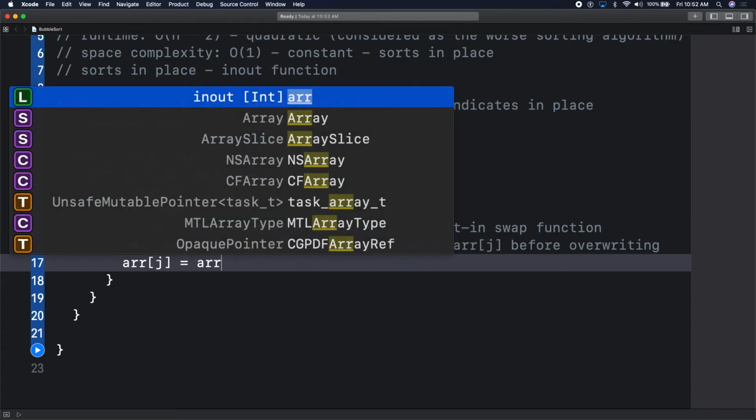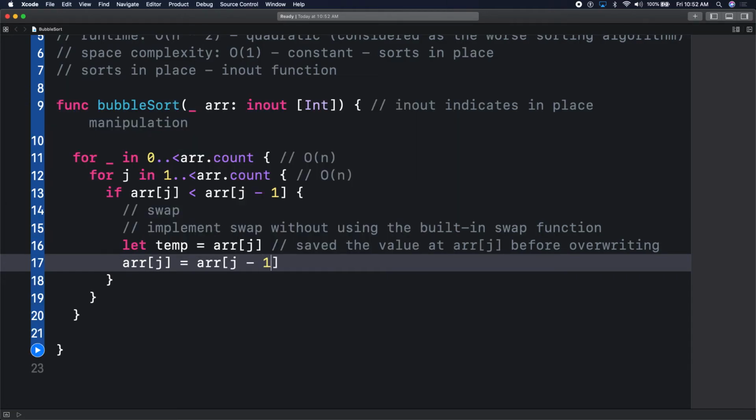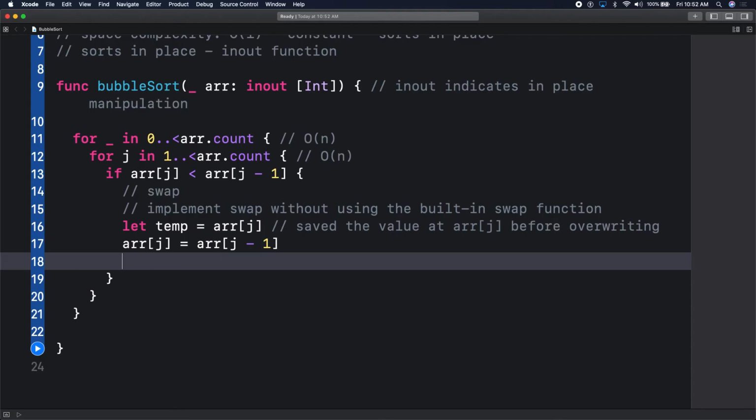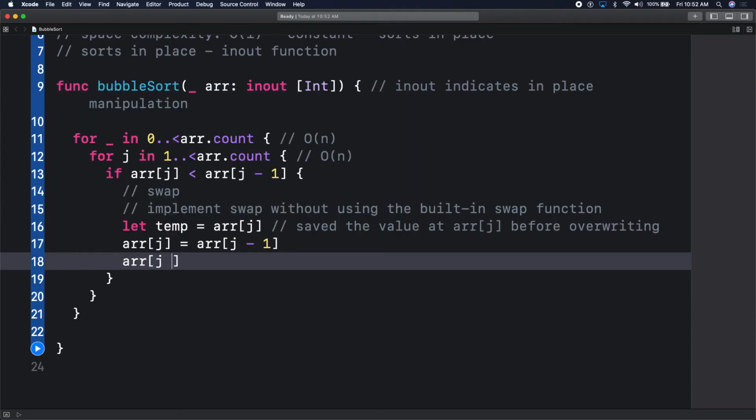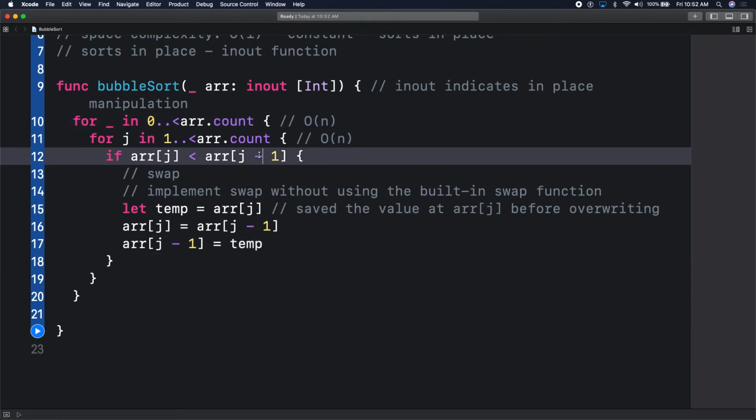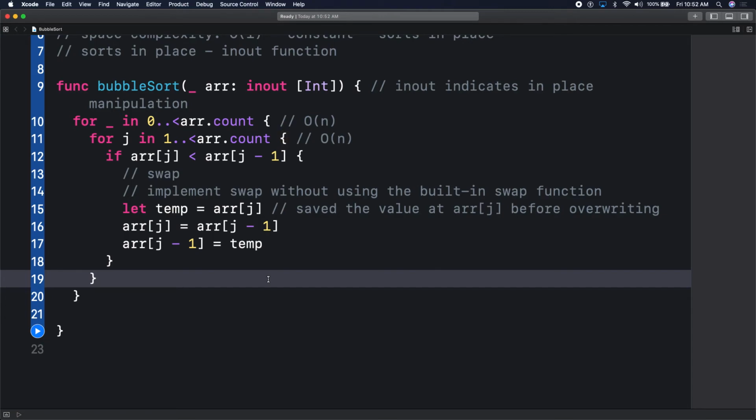Now we could override it with j minus 1. And lastly, we need to say position at j minus 1, what does this equal to? Temp. Very good. So that's it. Our algorithm is basically done.